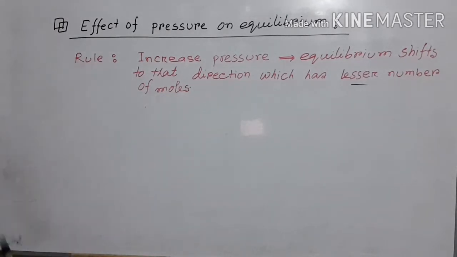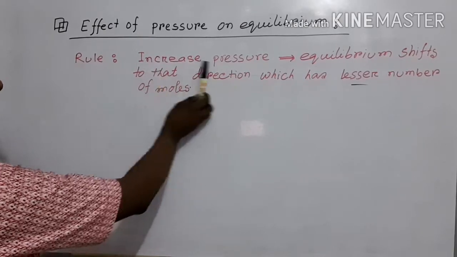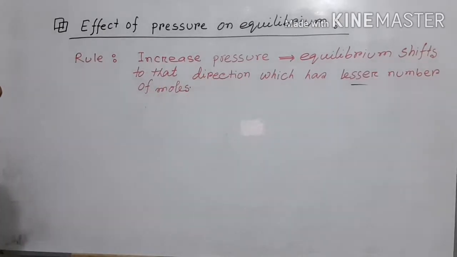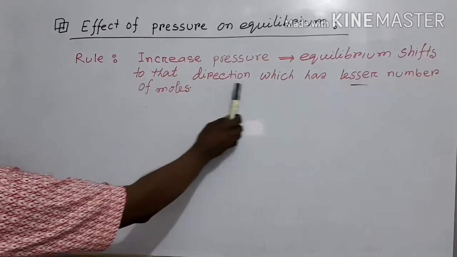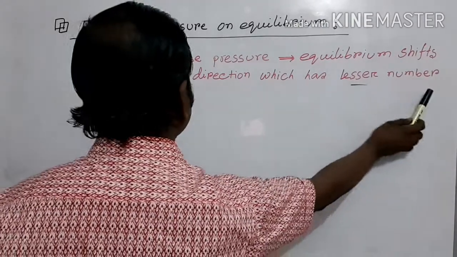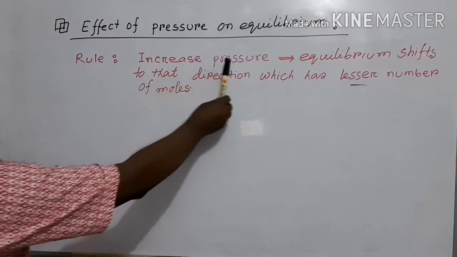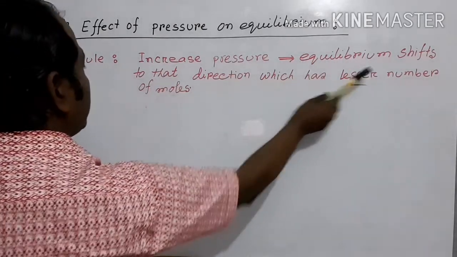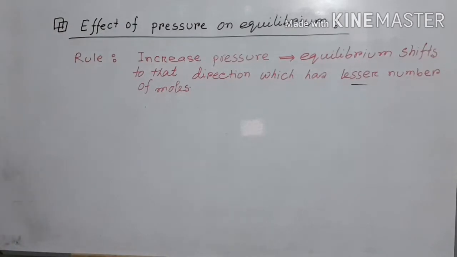Here the rule is: if we increase pressure at equilibrium, then equilibrium shifts to that direction which has lesser number of moles. If we decrease pressure, equilibrium shifts to that direction which has greater number of moles.